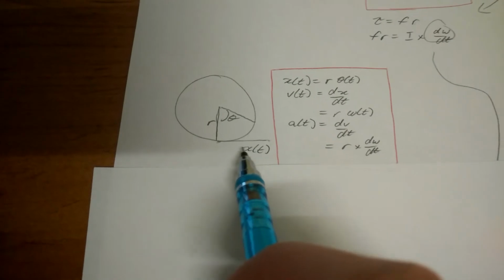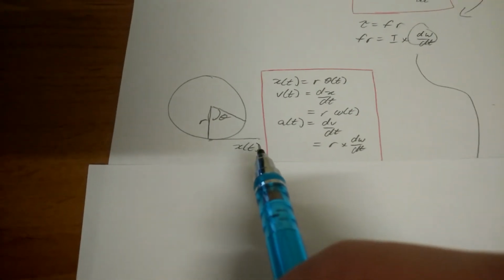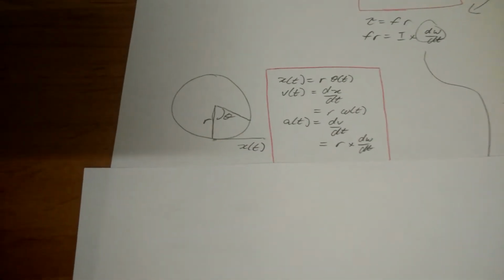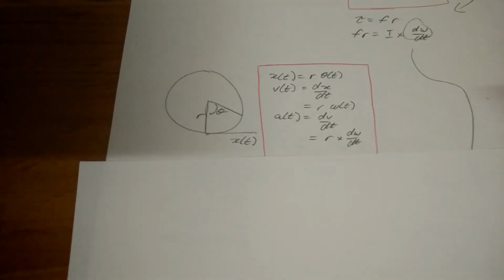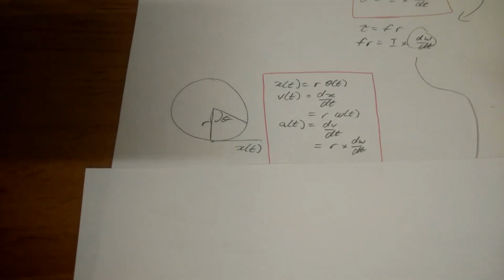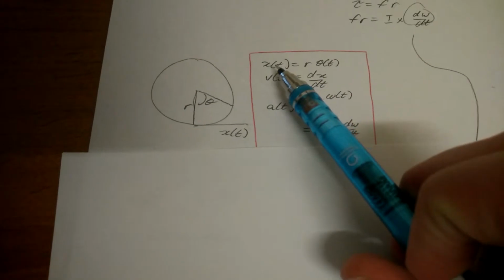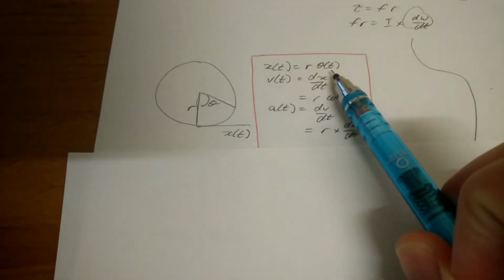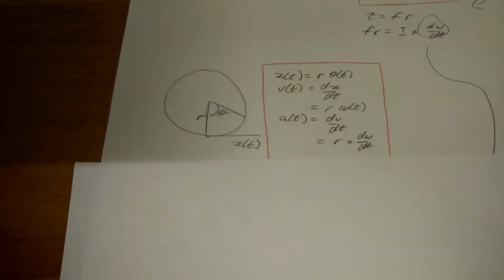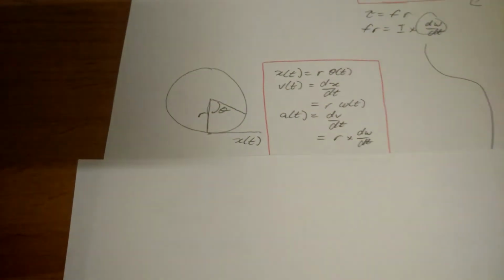What is that distance x(t)? Well, if you remember from year 11, the arc length is just r times theta, right? So x(t) equals r times theta(t), where theta is a function of t.